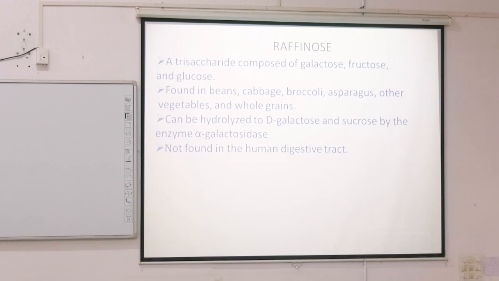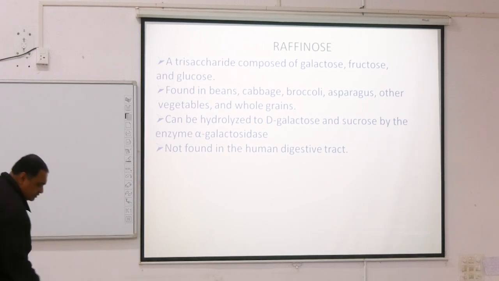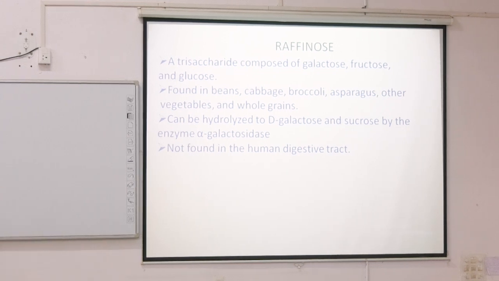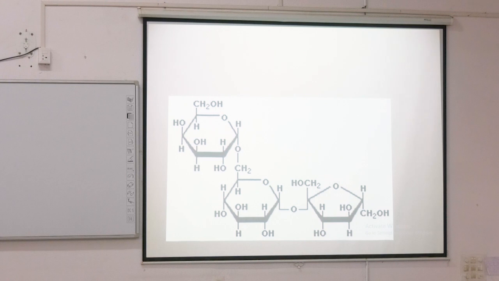Now we go to some unusual but commonly available sugars, raffinose. We heard about disaccharides. This is a trisaccharide. What is the structure? This is the structure. What is this and what is this? Can you name the sugar?